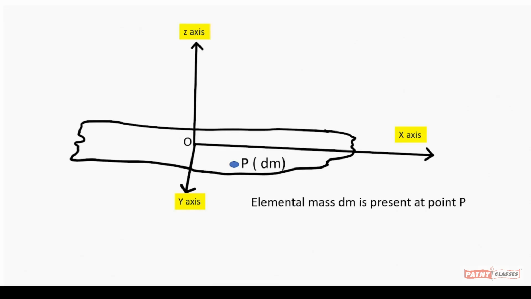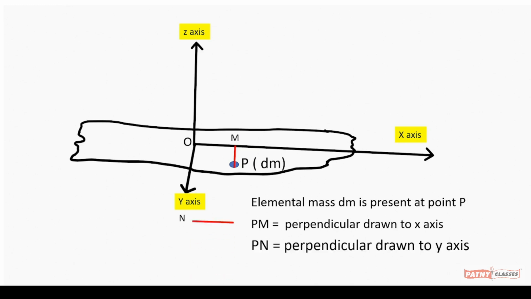Now consider an elemental mass dm present at point P. Draw a perpendicular from point P to the x-axis, that is PM perpendicular drawn to the x-axis, and draw another perpendicular PN to the y-axis.